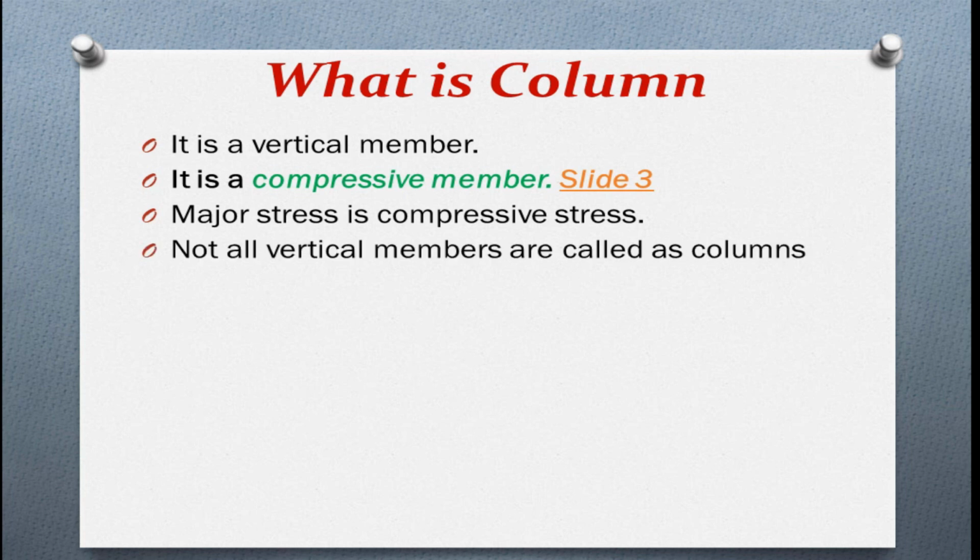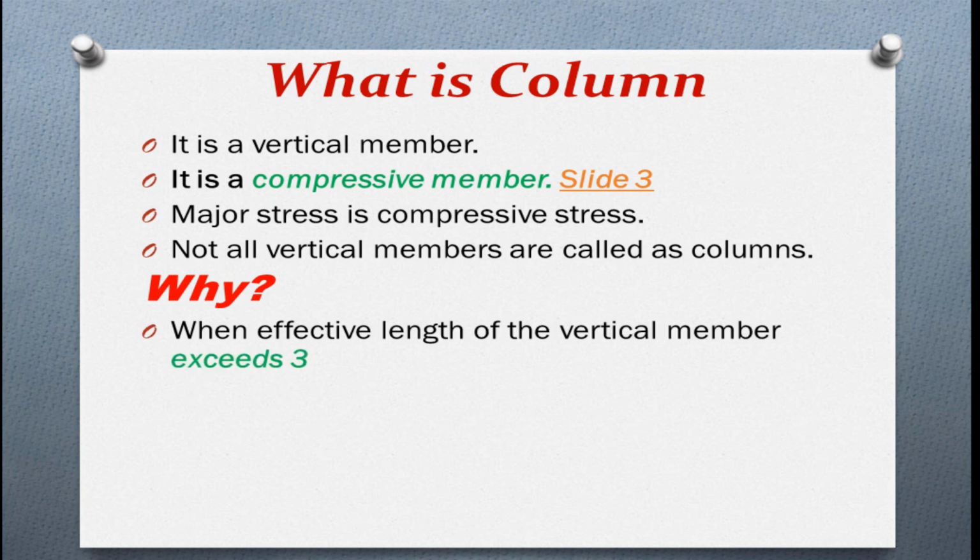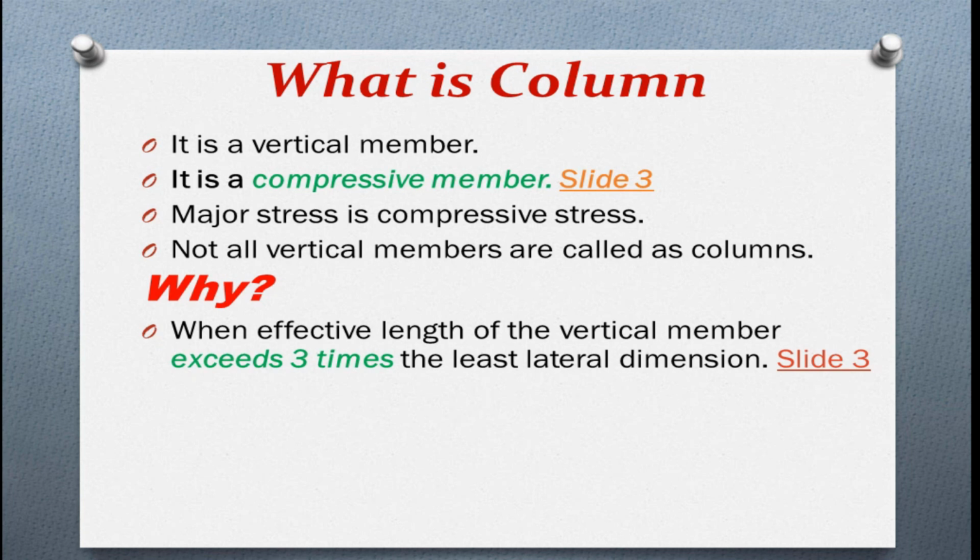Next one is not all vertical members are called a column. Earlier I told if there is a vertical member, it is called a column. Now this point refers to not all the vertical members being called a column. Why? What is the reason? When the effective length of the vertical member exceeds 3 times the least lateral dimension.